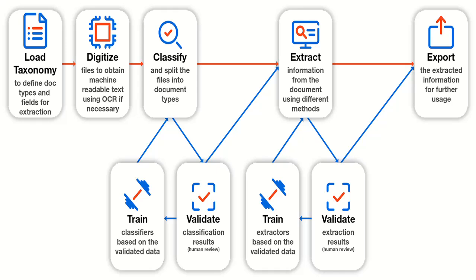Based on your classification confidence, we can validate the documents using the validation station. Then to extract data from structured, semi-structured or unstructured documents, we can utilize different extractors like the machine learning extractor, regex extractor and form extractor. Based on your extraction results, we can validate the result using the validation station. Then we can export the data.